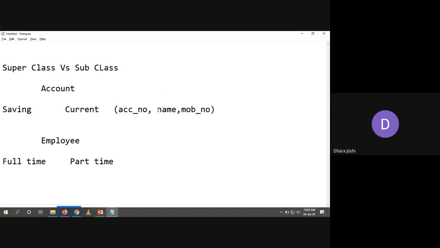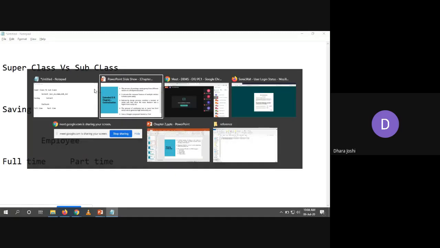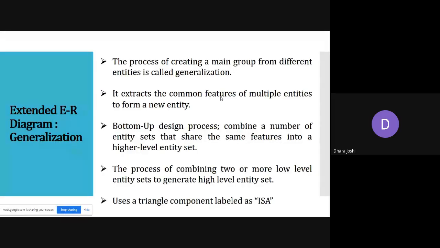Suppose these three are common attributes for saving account as well as current account. We merge them together, and the parent class account can have these three features, which are common whether the account is saving or current.